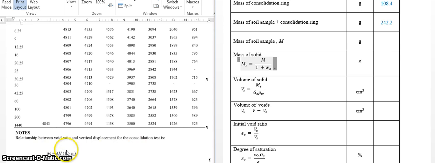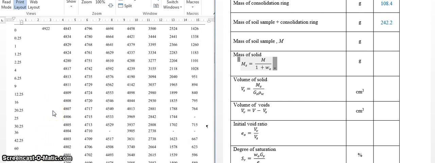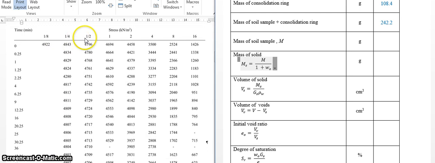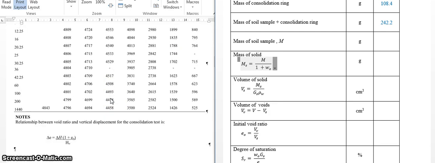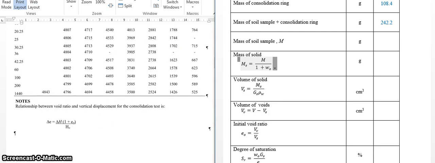What you want to do with the results is check for every different stress. It means that you have the delta void ratio for different stress. You get 8 new void ratios and also 8 stresses, so you can plot the graph.